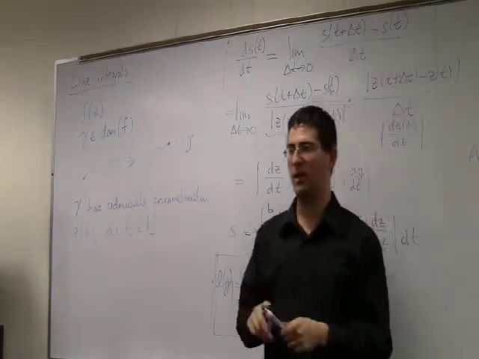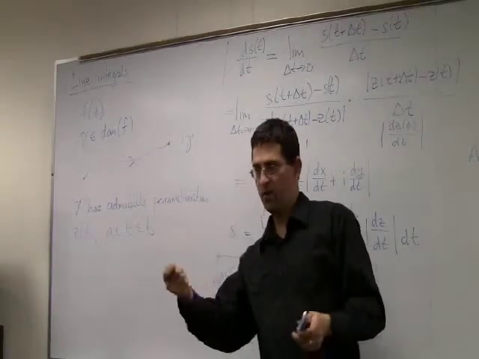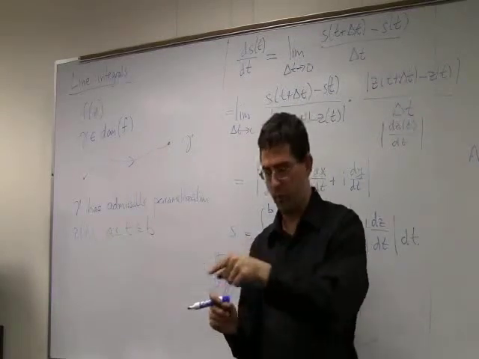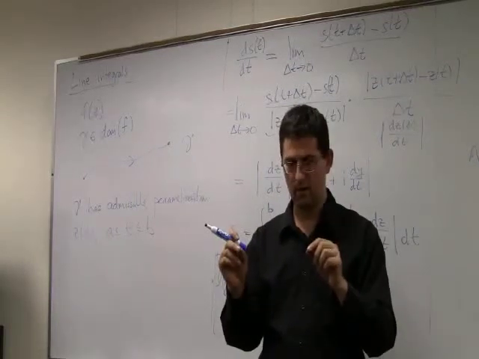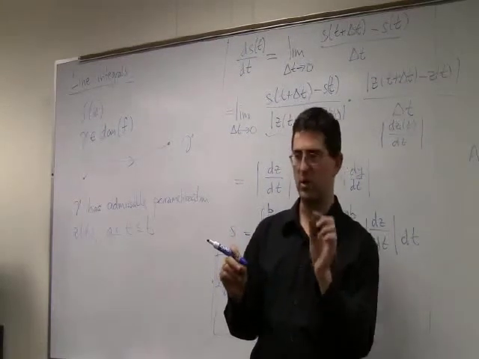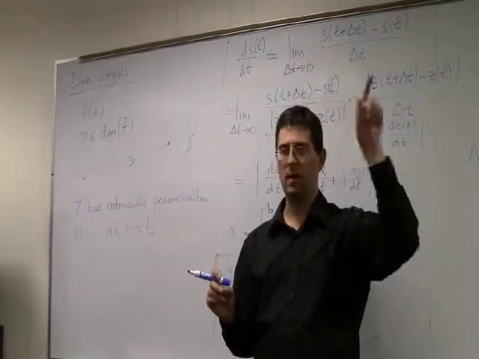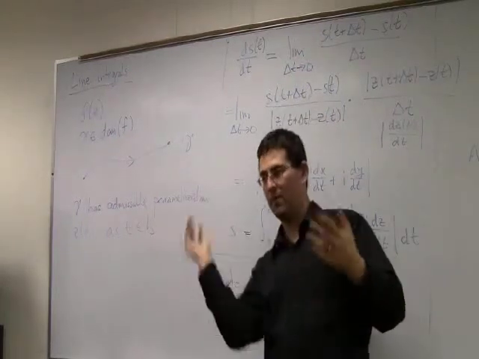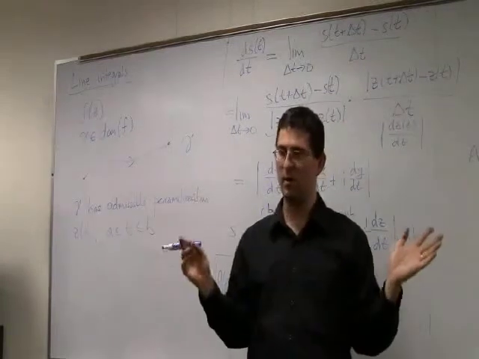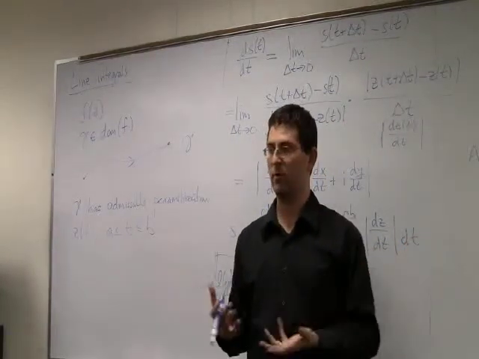You started looking at breaking up that line into little partitions, and then you took points from each of the partitions, and then you multiplied the width of the partition times the value of the point, and then you added those up, and then you took the limit as the number of the points went to infinity, right? The size of the partitions got smaller, and that's what you define to be the integral.